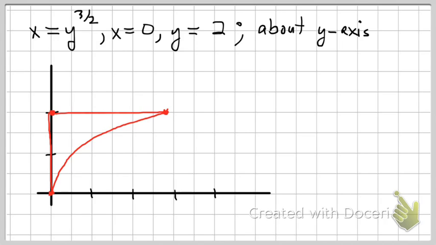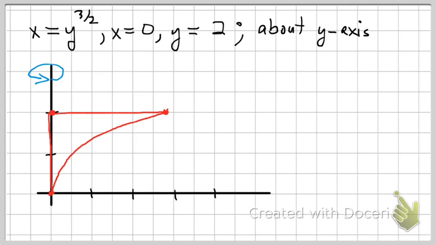Do you guys see how I graphed this region? Then we revolve this region around the y-axis. Right? So if I were an artistic fellow, which I'm not, then I could draw a beautiful three-dimensional shape. As it is, you're stuck with me.